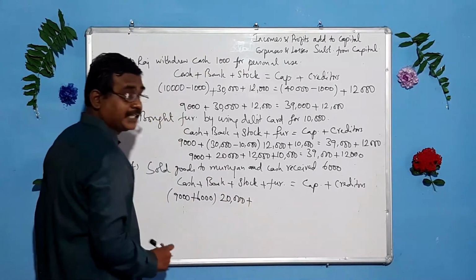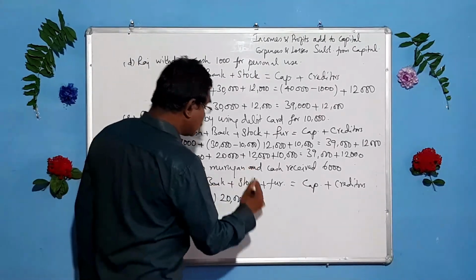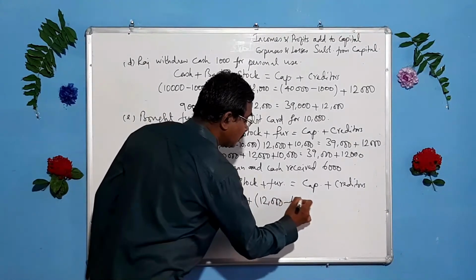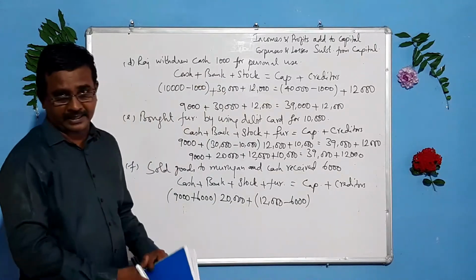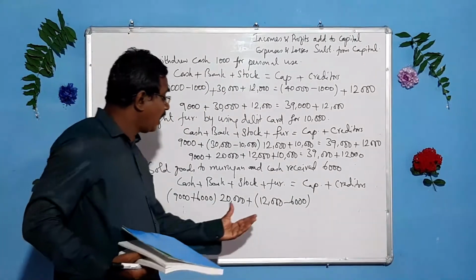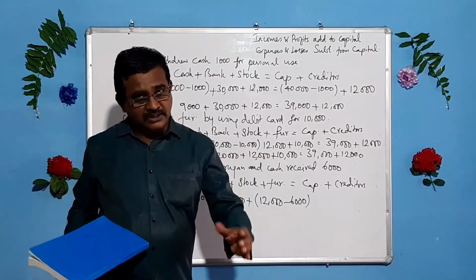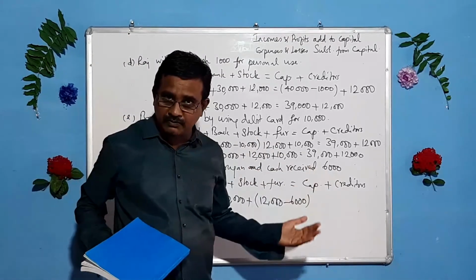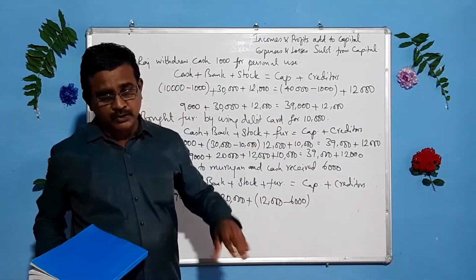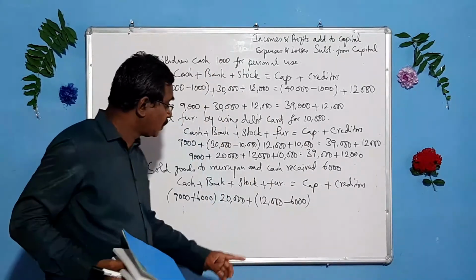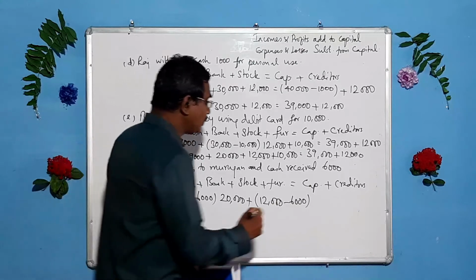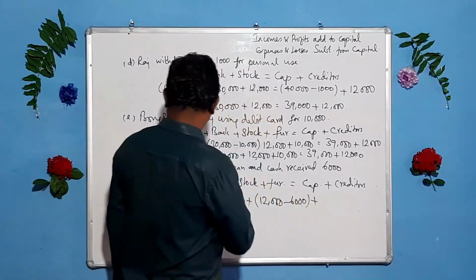Stock, there is a change because from 12,000 rupees, we have taken goods worth 6,000, so that 6,000 should be subtracted. Remember, you have to subtract the value of the stock taken from the stock. Here, we have taken 6,000 worth of goods and those goods were sold for 6,000 alone. So that 6,000 should be subtracted from the stock and there is no change in the furniture.